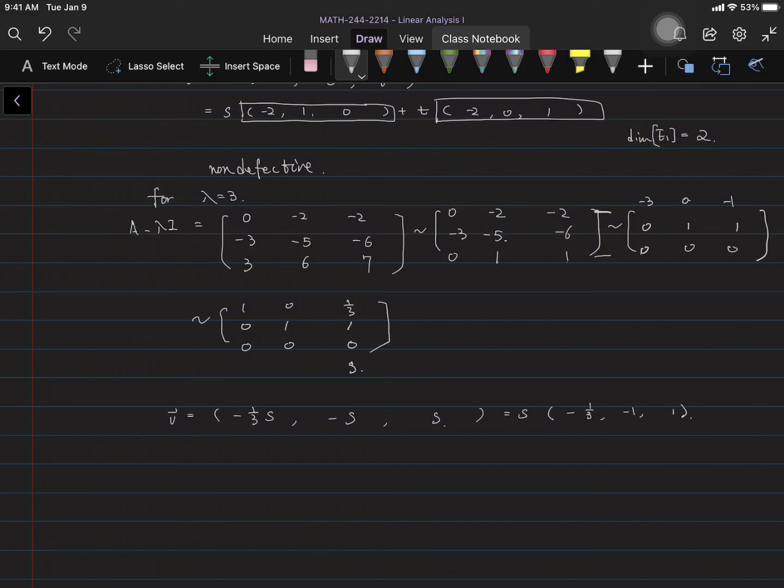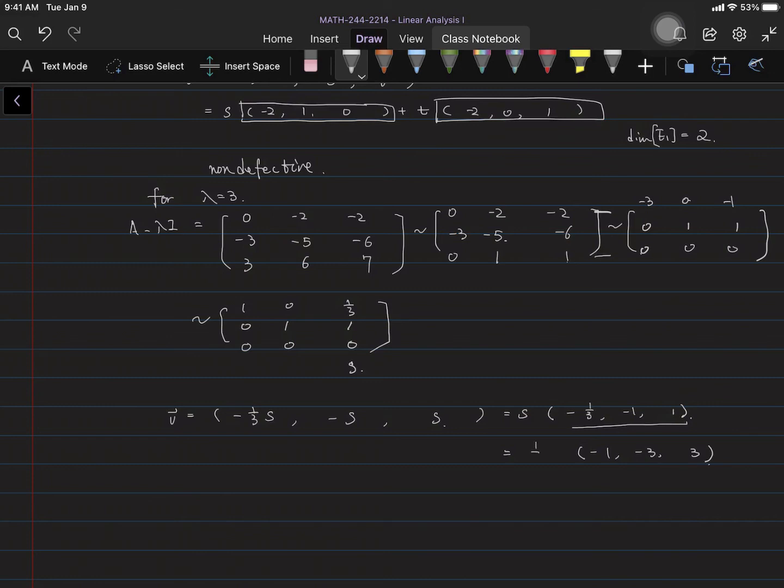You can leave this as the eigenvector, but usually for the eigenvector, we don't like to write rational numbers. So if we multiply this by 3, we can write this as -1, -3, and 3, this way.